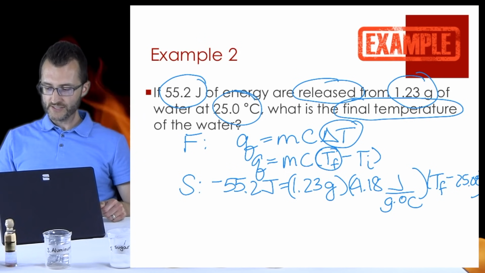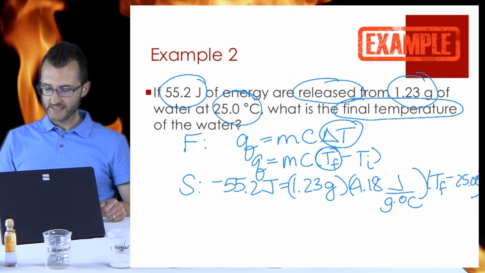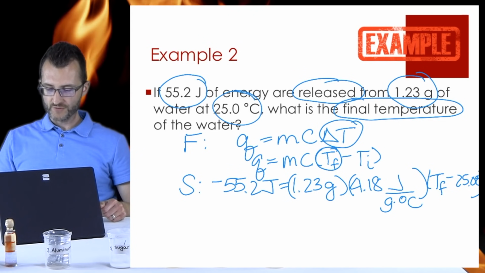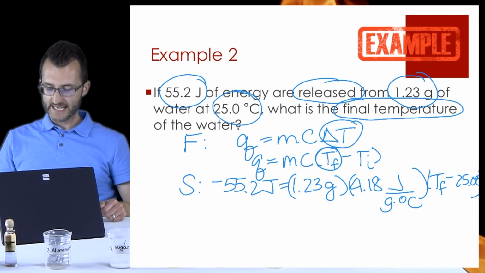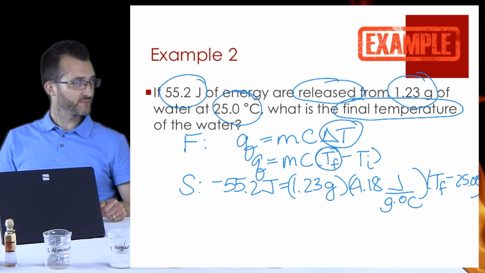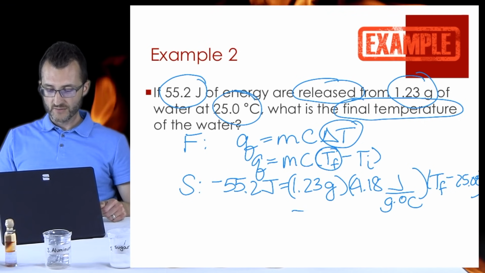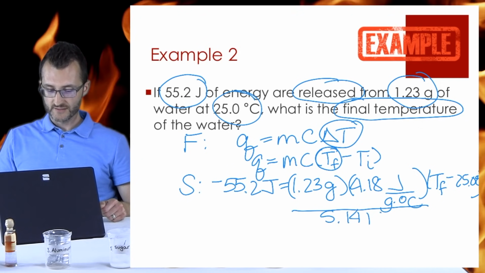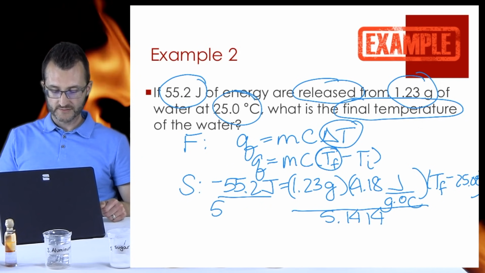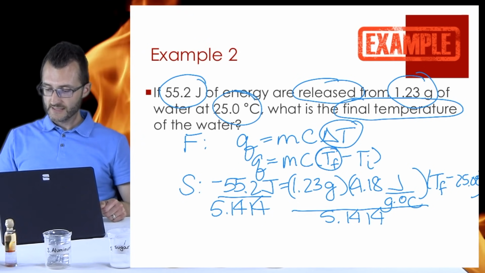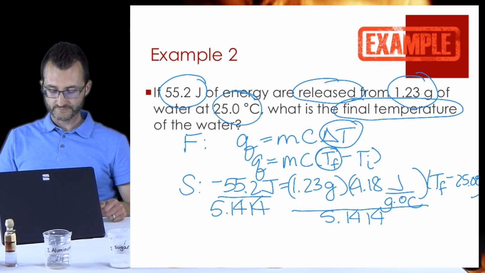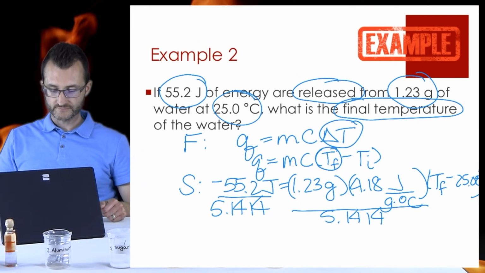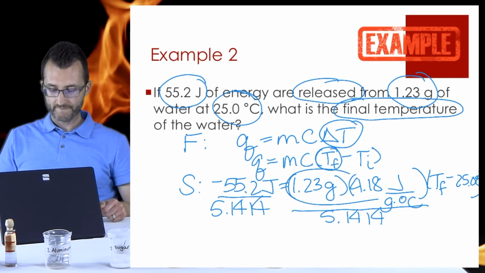Okay, so 1.23 times 4.18 is 5.1414. And to get rid of that, to try to isolate my variable, I'd want to divide both sides by the product of those two numbers. So I'm going to divide both sides by that number. And again, that 5.1414 came from multiplying 1.23 times the 4.18.